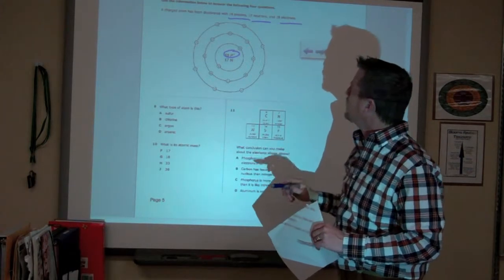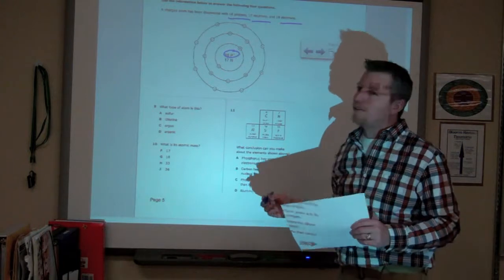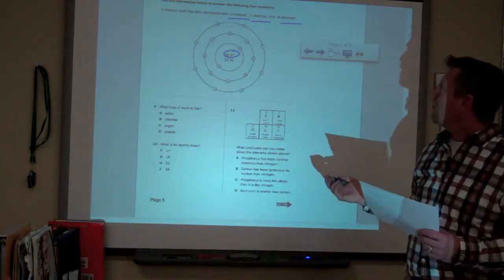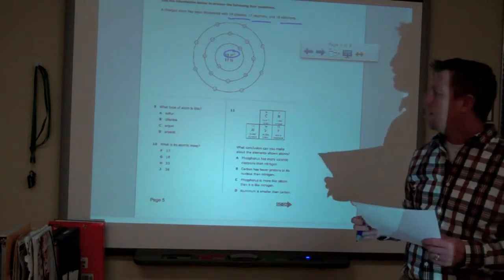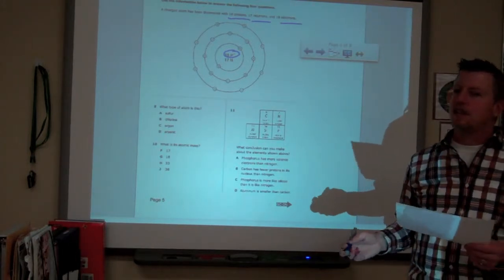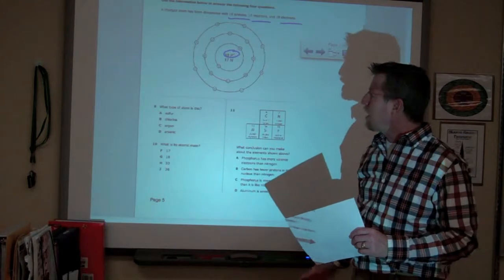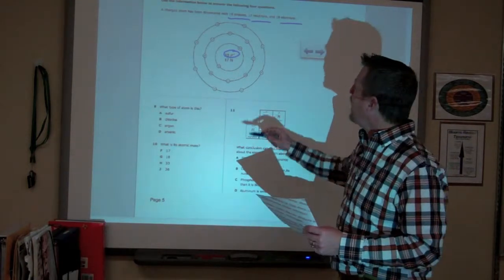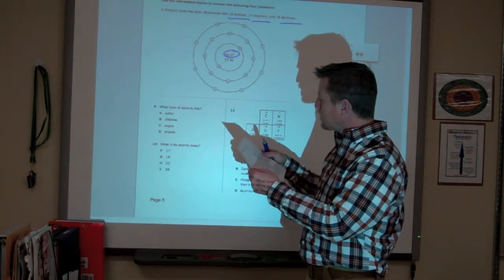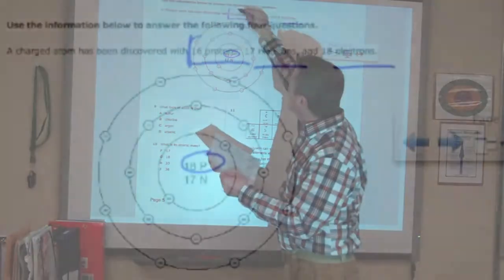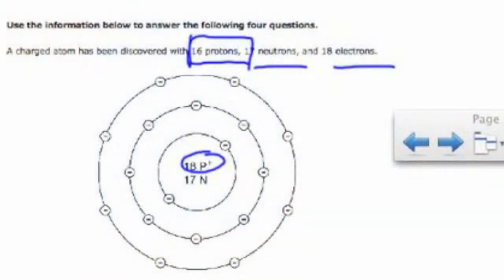Knowing that it's charged means that it has gained or lost an electron, which really doesn't apply to the question that it asked. The question says, what type of atom is this? If you notice it has 16 protons, which shows sulfur.